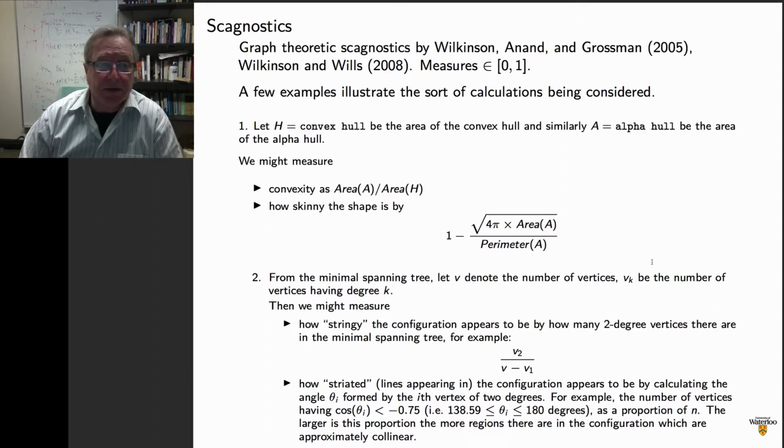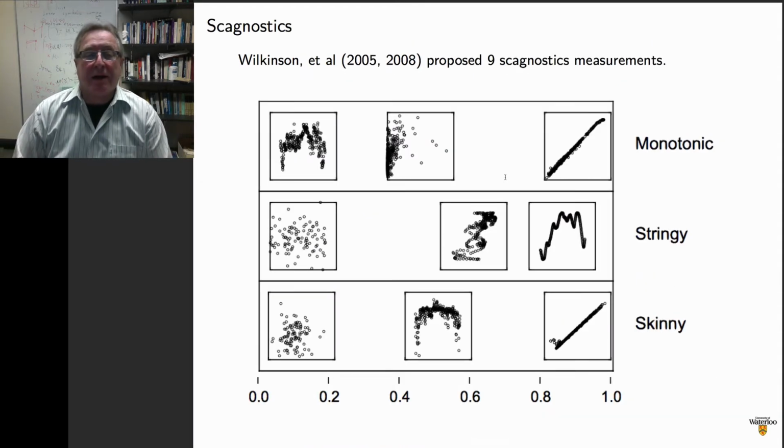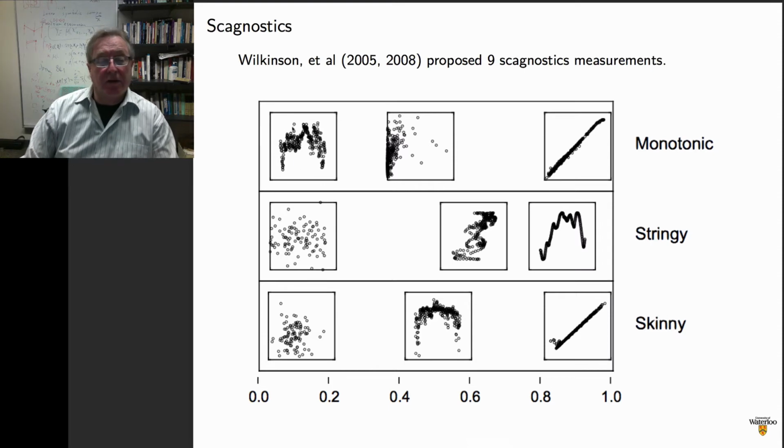So lots of things that you can imagine, and Wilkinson, Wills, and others, and Grossman have built scagnostics based on these geometric measures. They propose actually 9 scagnostic measures, and they have these various names: monotonic, skinny, stringy, and we've talked about some of these. Monotonic is that thing measuring Spearman's rho. Stringy, we've talked about. Skinny, we've talked about. And here are some data configurations that are close to the value that that scagnostic has.